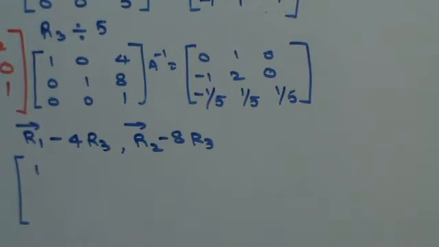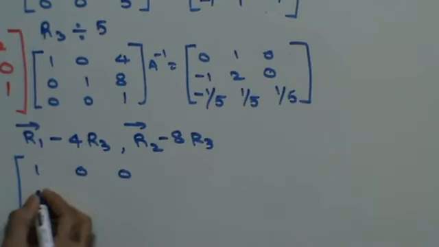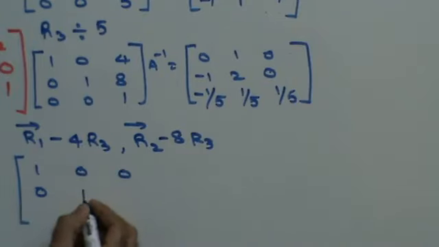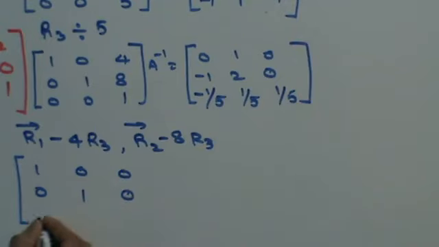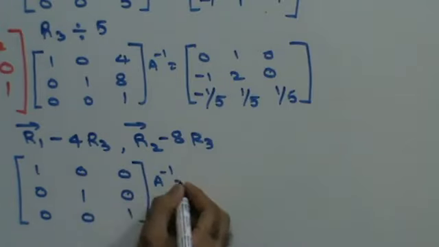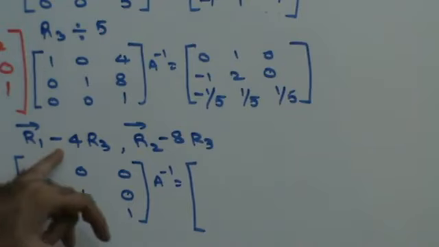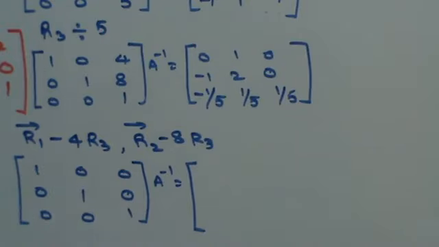1 minus 0, 0 minus 0, 4 minus 4. 0 minus 0, 1 minus 0, 8 minus 8. 0, 1, 0, 0, 1. Inverse. Now, carefully guys. 0 minus 4 into minus 1 by 5.